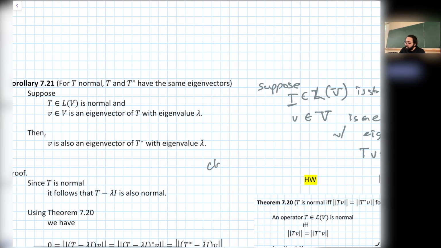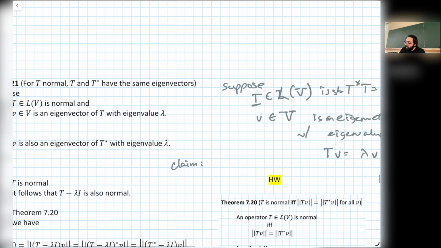The claim is that T star V gives you lambda bar V. So V is also an eigenvector of T star, with eigenvalue lambda bar. The exercise just said that the eigenvalues are related by complex conjugation. Here it's saying that the eigenvector remains the same.